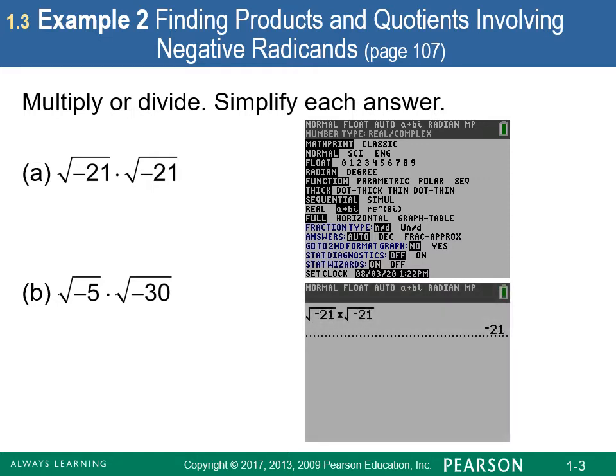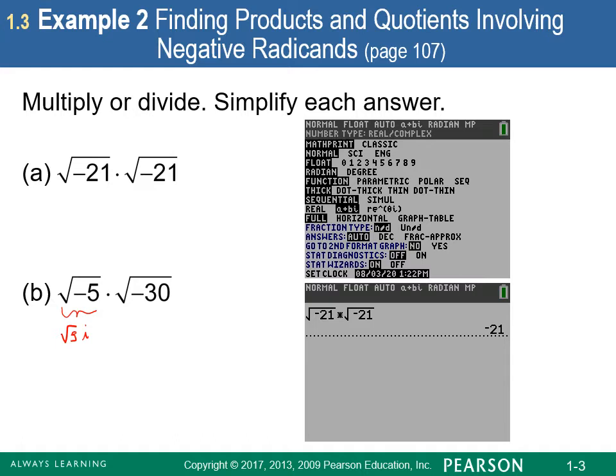So if you want to do, for example, this first calculation, you can now type the square root of -21 times the square root of -21, and it accurately says -21. Now, if you are doing these calculations by hand, you have to be kind of careful. In here, the square root of -5 is the square root of 5 times an i.